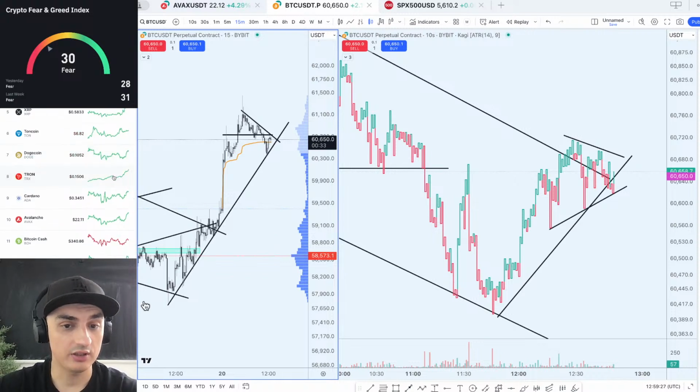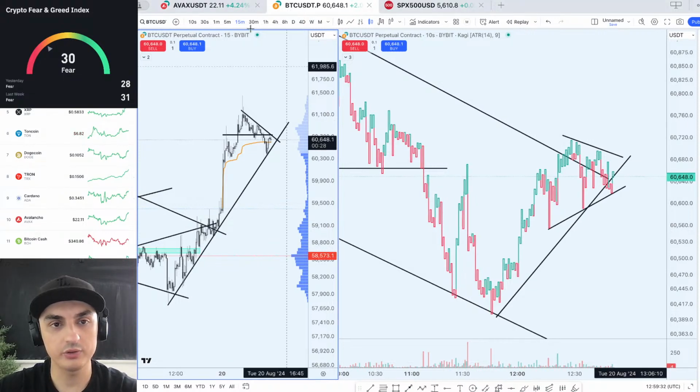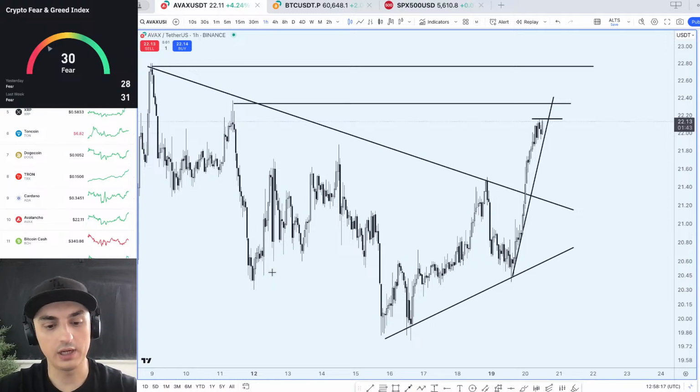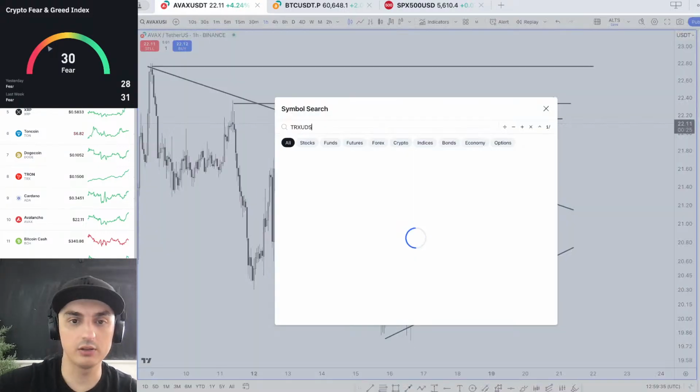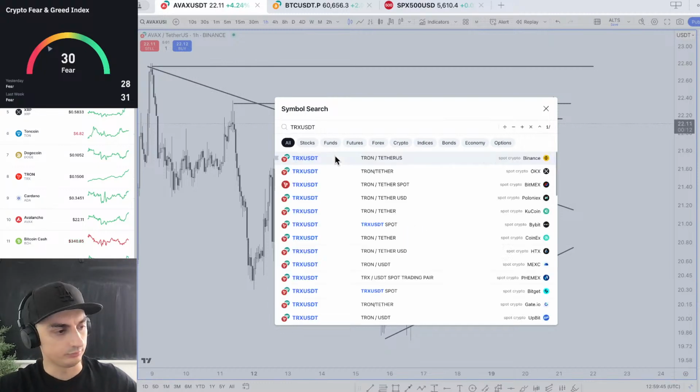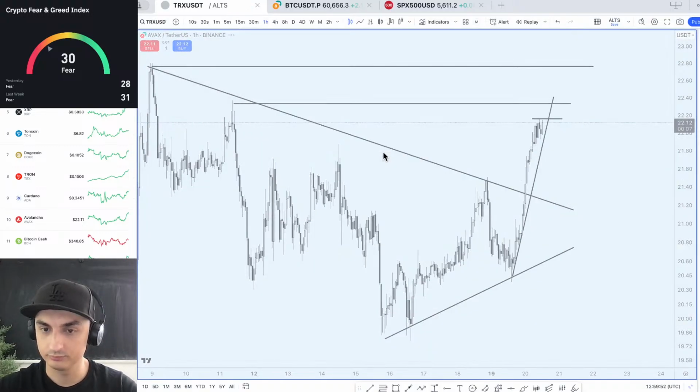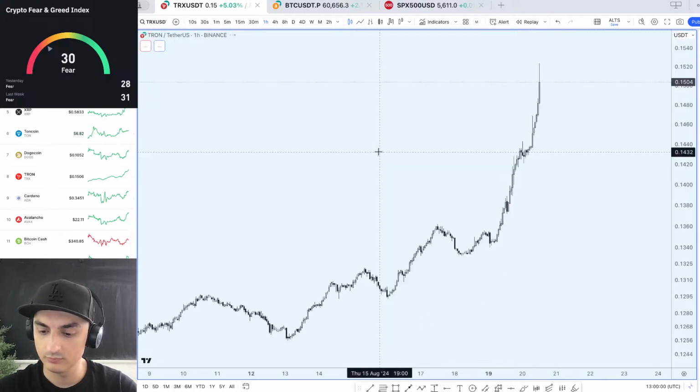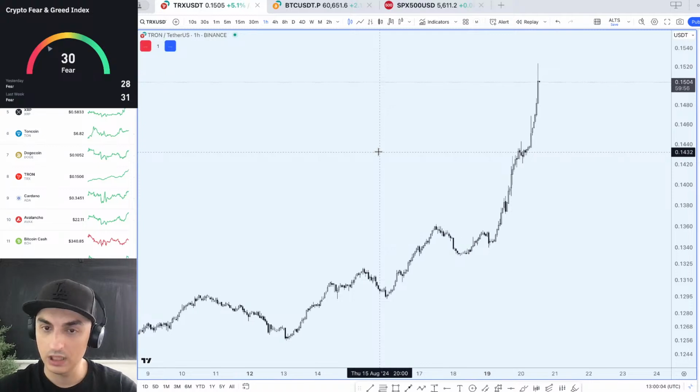Tron is actually surprising me a lot on this occasion. We got Tron moving to the upside for quite a long time right now. Tron USDT.